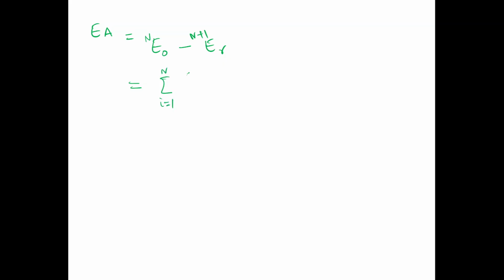The sum over i from 1 to n, you have chi A h chi A plus half summation over AB, right? And now here this is for your E0n. Then you have a negative.